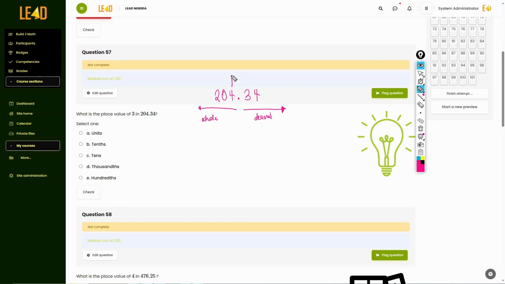So we have units, tens, and hundreds. But on the right, we start with tenths and hundredths. And thousandths, ten-thousandths, hundred-thousandths, and so on and so forth. But we're looking for 3, which is just tenths, right? Because it's the first digit after the decimal point, so it's tenths.